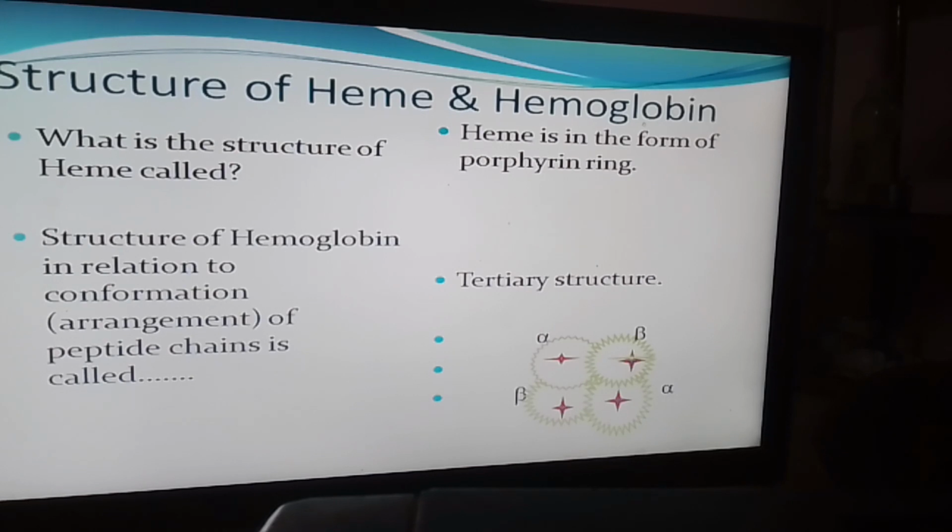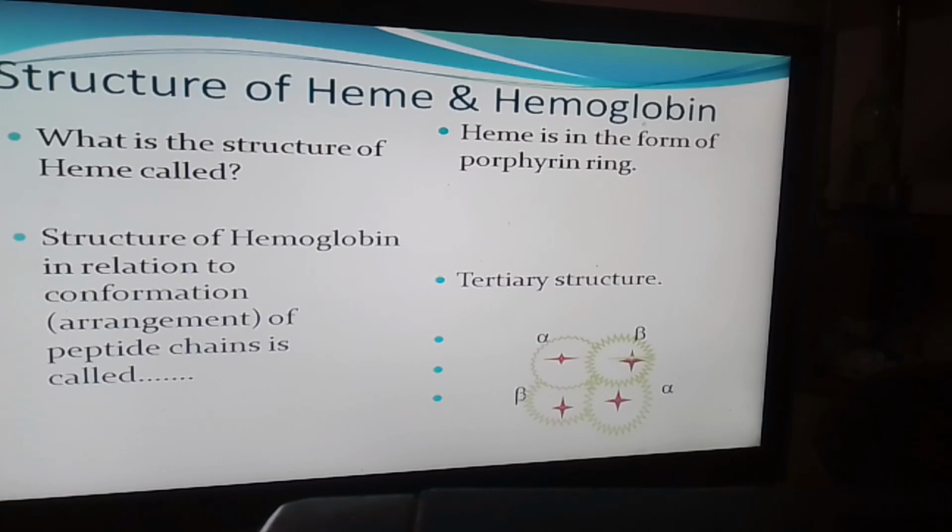If the chains are arranged in the form of a straight ladder, a pleated structure, it is called a beta chain. So based on the appearance of the peptide chain, you can call it simply alpha chain and beta chain. Anyway, all are peptide chains.